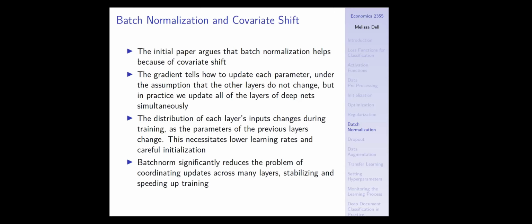This necessitates lower learning rates and careful initialization, because in some sense our approximation of the gradient is not as good, because of this covariate shift that's happening. We're not actually just changing one thing at a time, we're updating everything at once. And batch normalization significantly reduces this problem, which helps to both stabilize and speed up training.